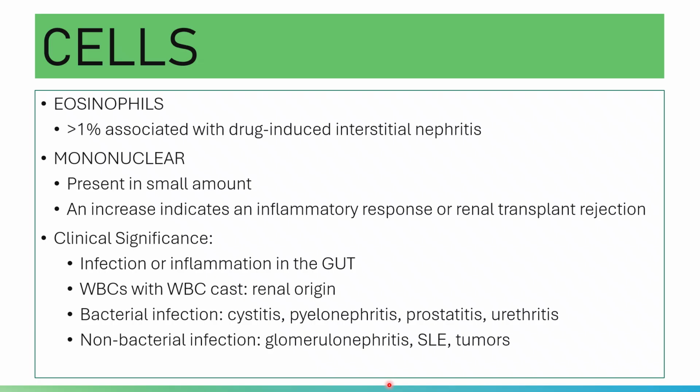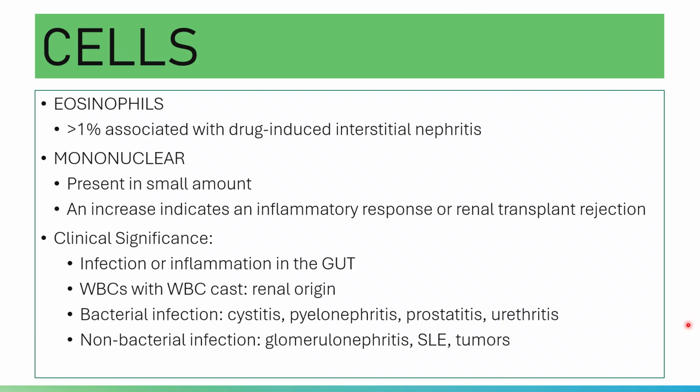Bladder tumors will cause pyuria also. Urine leukocytes may be transiently increased during fevers and following strenuous exercise. So the presence of WBCs in the urine is not always caused by infection.